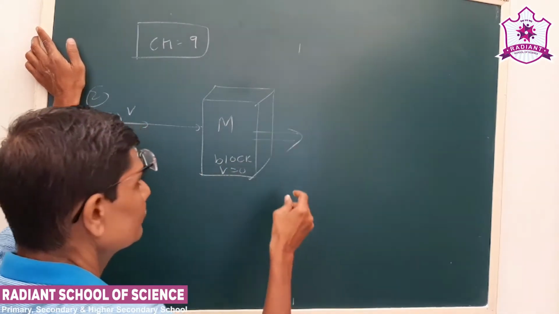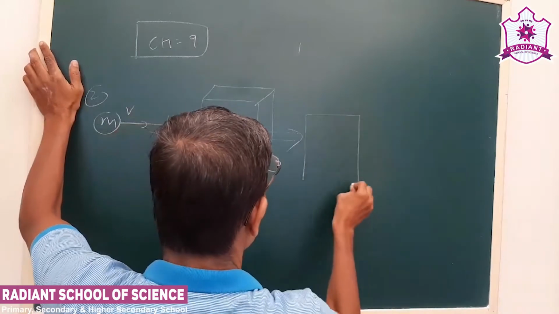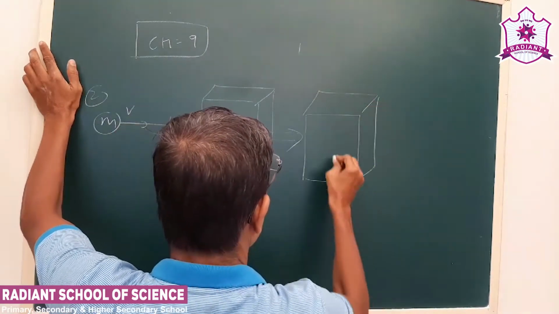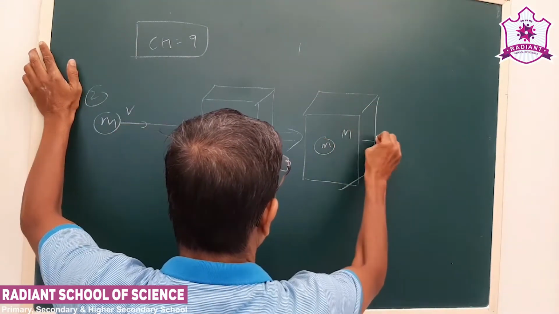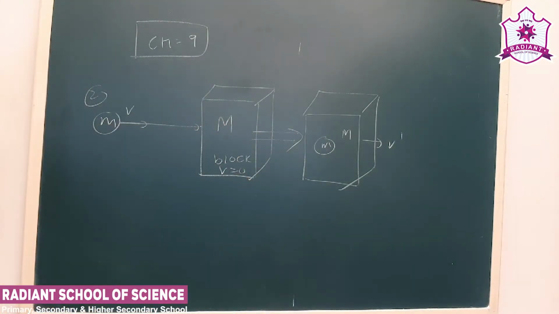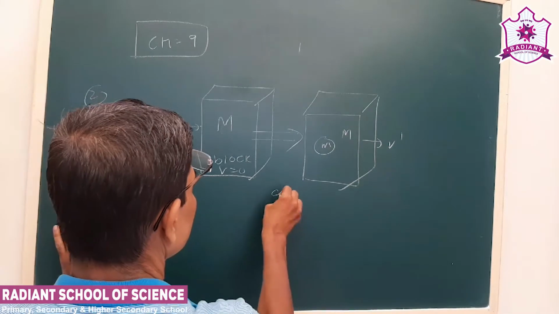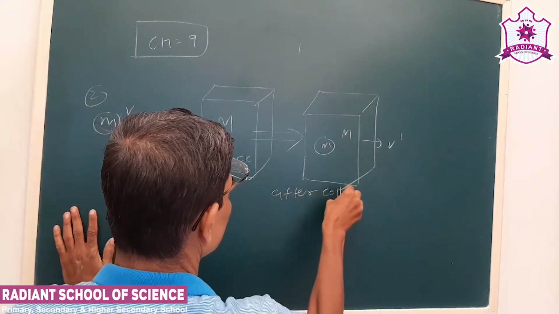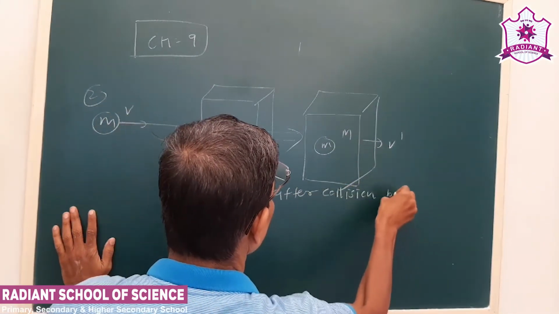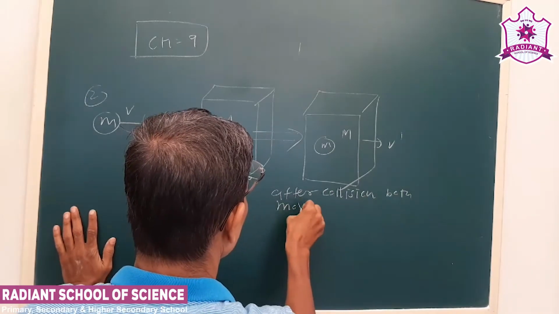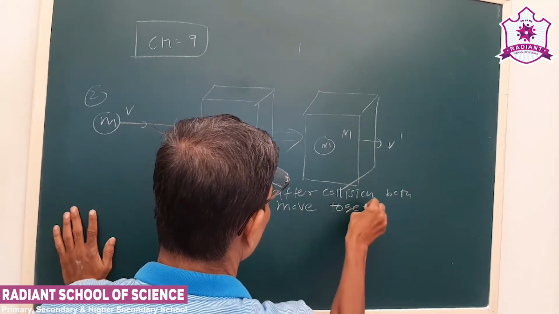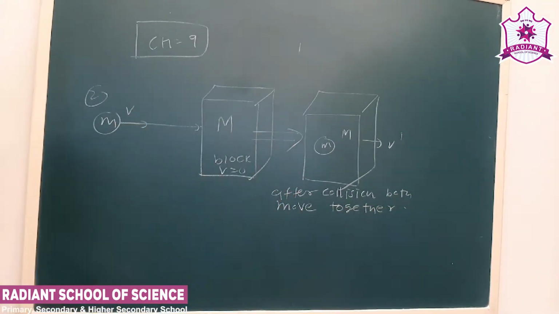After collision, both move together. What will be the final velocity?